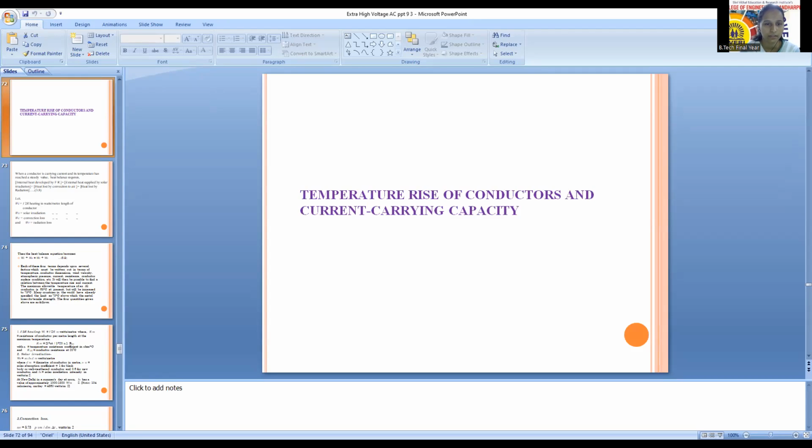We are going to see the temperature rise of conductors, the temperature rise of bundled conductors, and what is meant by current carrying capacity.